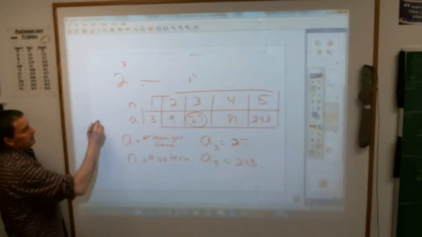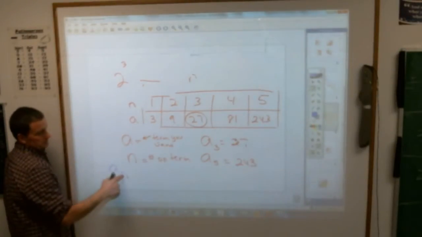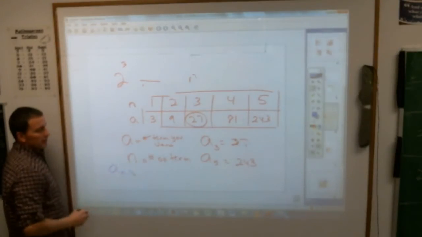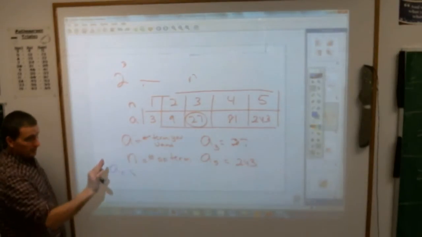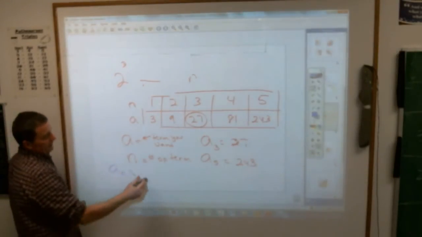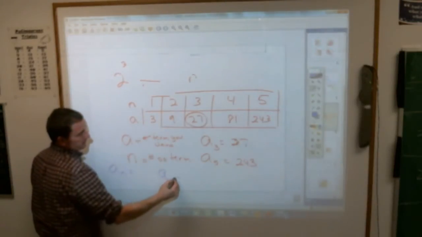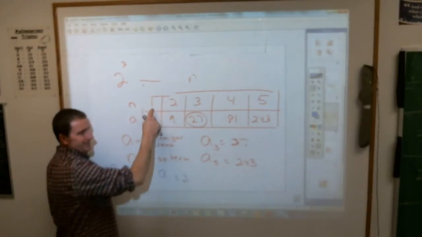Okay, if I ask you this, A to the nth term, whatever term I want, how do I figure out what to do to the letter N to get any term? For example, let's put one in that we know. A to the first term was what? 3, correct? So what do I do to the letter N to get 3?